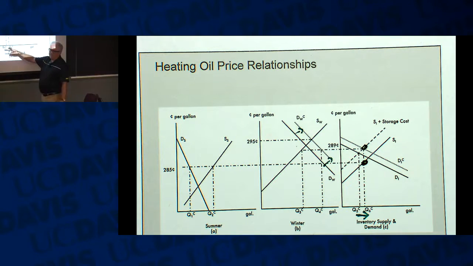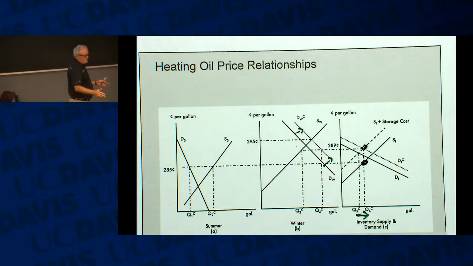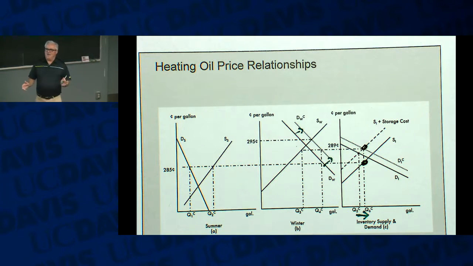The volume in his facility goes up. He puts more oil in there. He's paying 285, and he turns around and sells it in the winter for 289. So we're sitting here in the summertime, and some dude forecasts a cold winter, and all of a sudden we're paying more for heating oil.